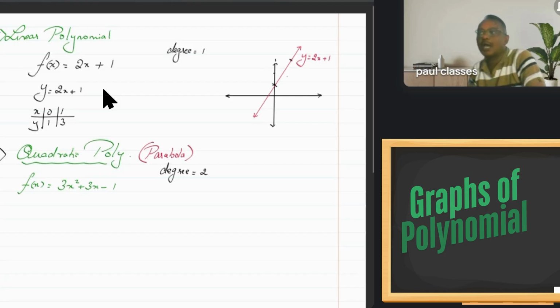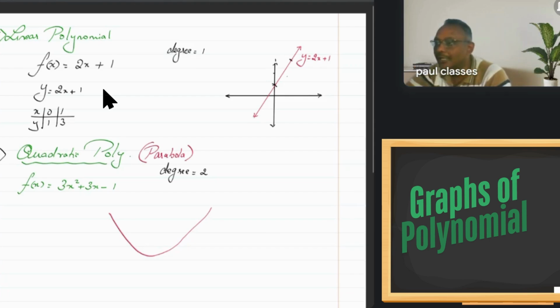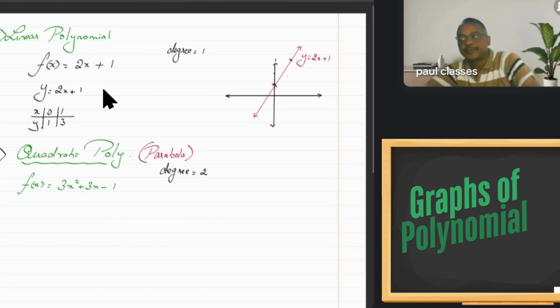Parabola. I did not say para, I said parabola. What is a parabolic shape? A U-shaped curve like this is a parabolic shape. Okay? It's from here the problem starts.